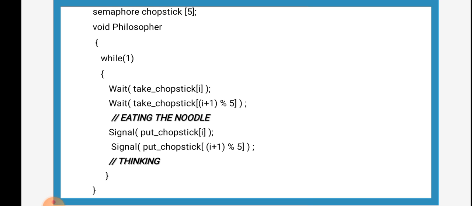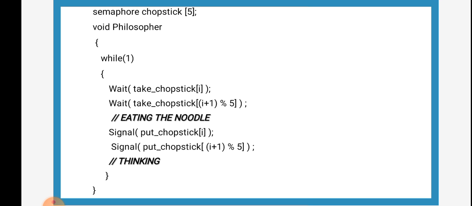The size of the chopstick array is 5, because, as I stated, there are 5 philosophers and 5 chopsticks available, and each philosopher should get at least 2 chopsticks to eat that bowl of rice.